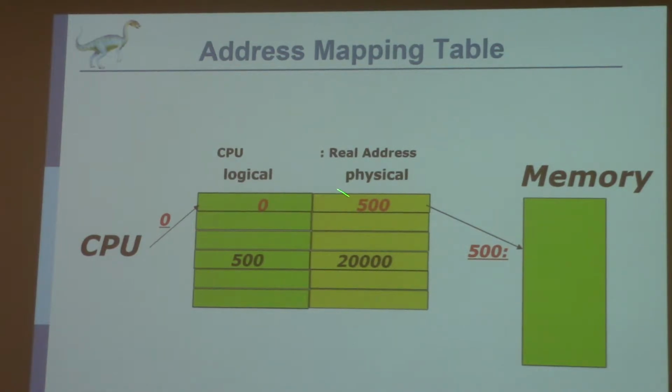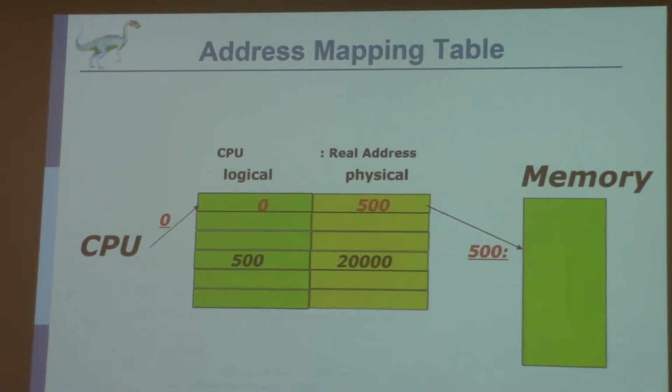But basically, this will be somewhere in your memory, which means your CPU should know where this table is, right? To find the physical address, first go to the memory of this MMU, then read the physical address, finally go to the memory.